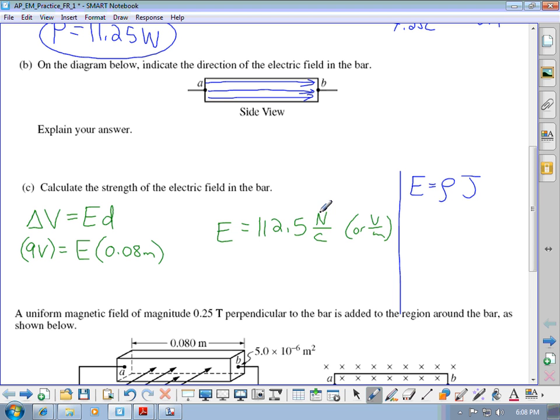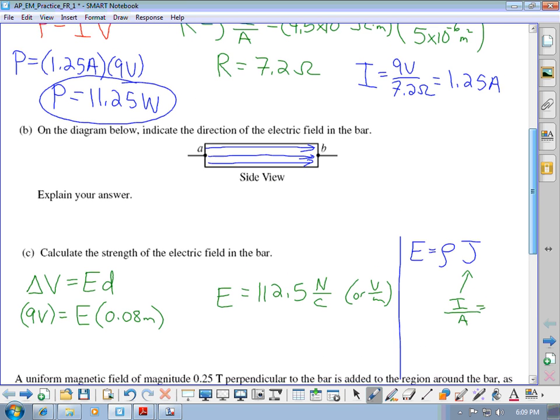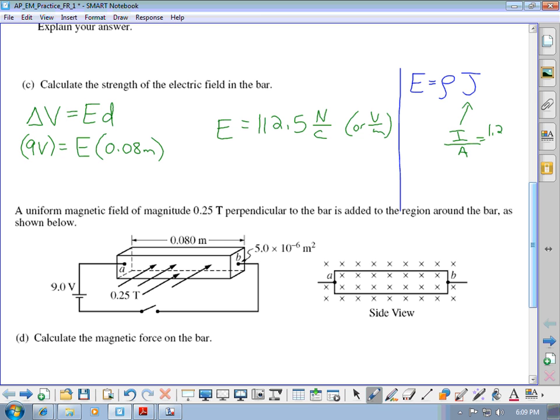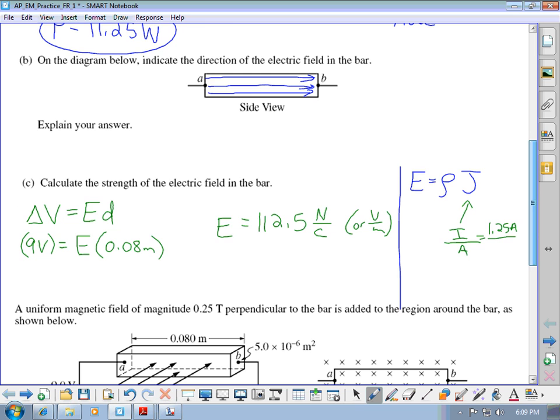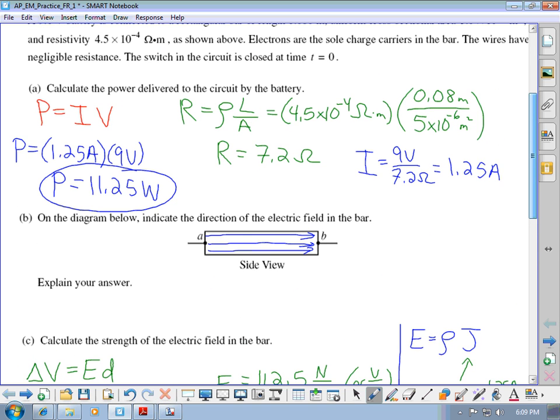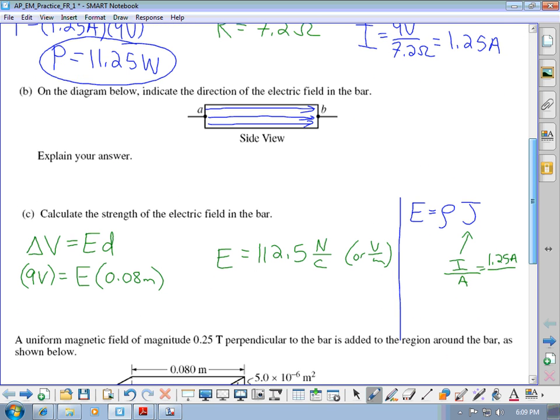This current density is the current divided by the cross-sectional area. So that was the current of 1.25 amps divided by the cross-sectional area of 5 times 10 to the negative 6 square meters.